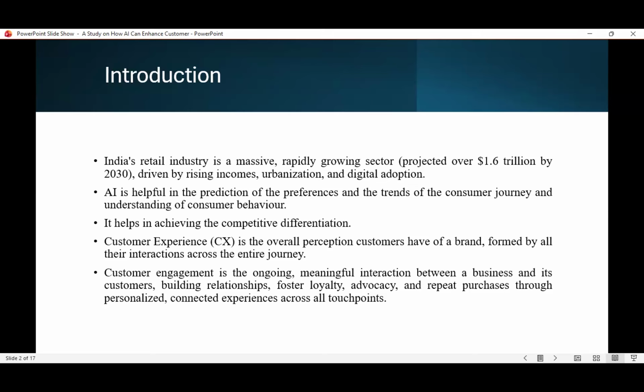If the customer experience is good, it is likely that the customer will be engaged in that process, which means the customer could be a source of word of mouth. He or she could be a loyal customer. It is also helpful in building relationships with your customers, and of course it is very likely that they will purchase the same brand, the same product again and again. So with AI, this can be enhanced.